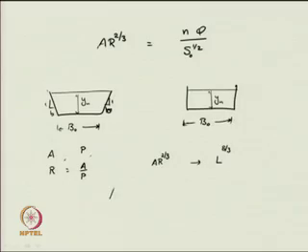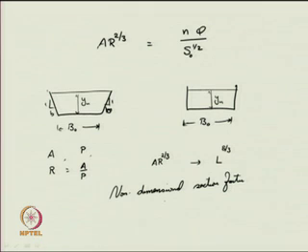Therefore, we can now think of a non-dimensional section factor that can be given as A R to the power of 2 by 3, the whole quantity divided by any characteristic length.